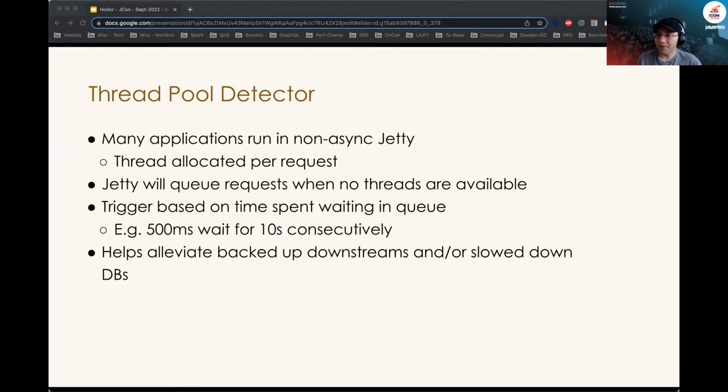However, with Hodor's thread pool detector, without knowing anything about the downstream services, we can ascertain with high confidence at the upstream, by monitoring thread pool queue wait time, that there is indeed a thread pool starvation, and we can drop traffic at the upstream to alleviate the problem that the downstream is facing. At LinkedIn, we use the Jetty server-side framework extensively, and hence currently we focus on synchronous Jetty services as the first target of our thread pool detector.